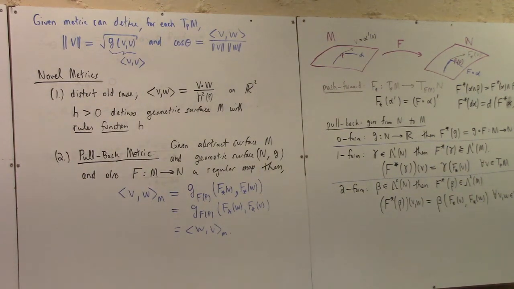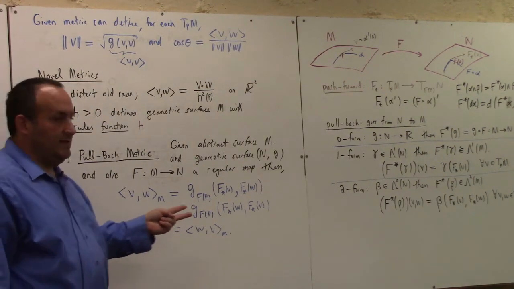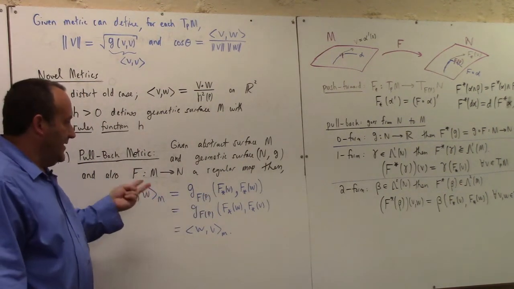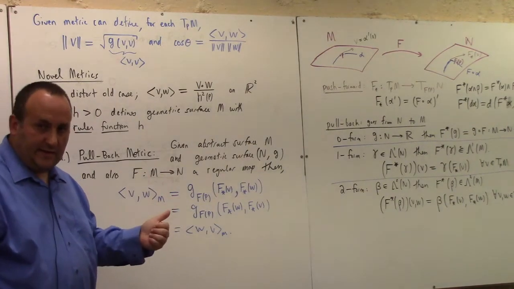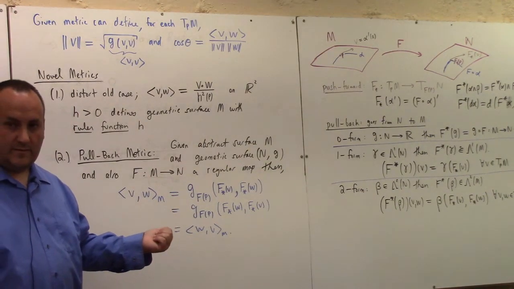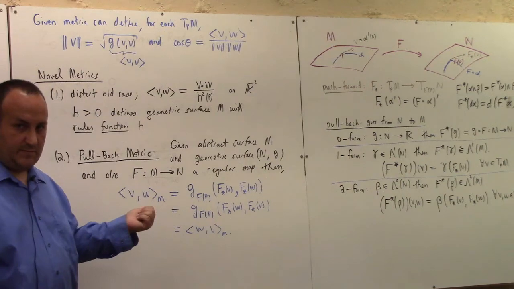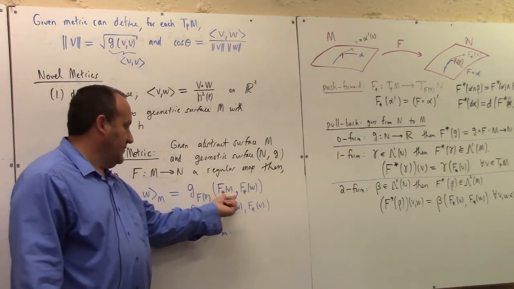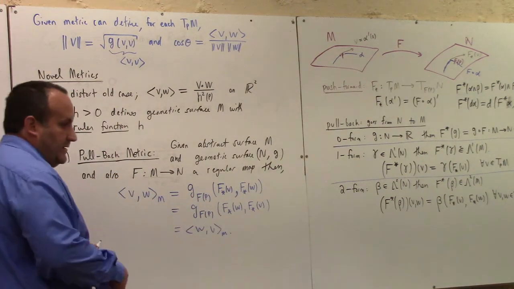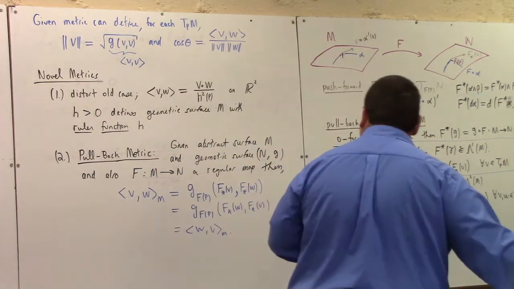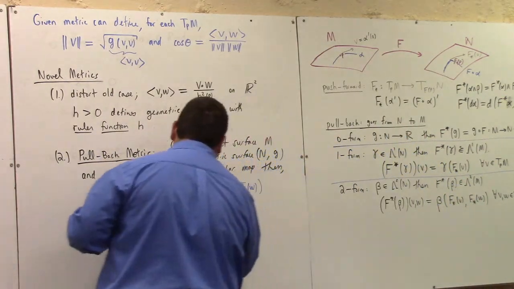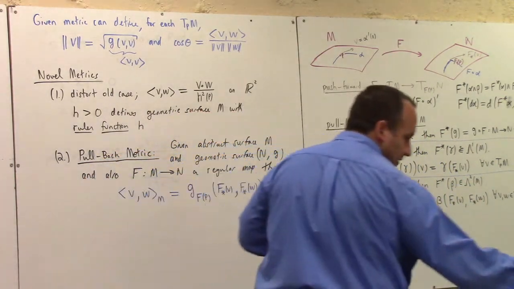And the linearity that we need in both slots follows from two things. Number one, the bilinearity of the given metric, but number two, the linearity of the push-forward map, because the push-forward is linear, so we can break a sum. I'll do it in the other slot.